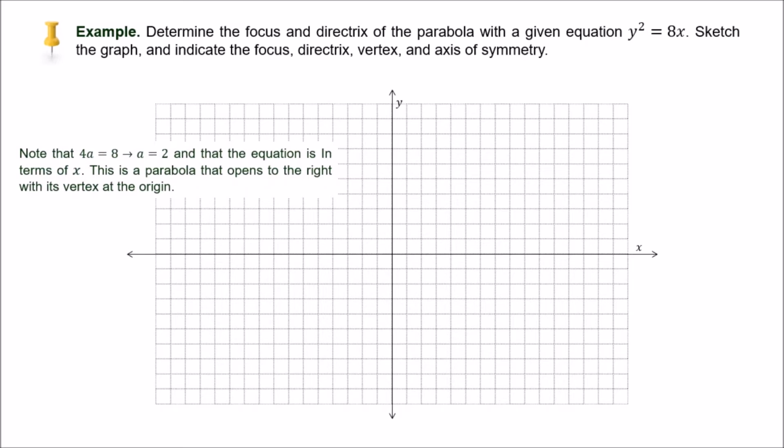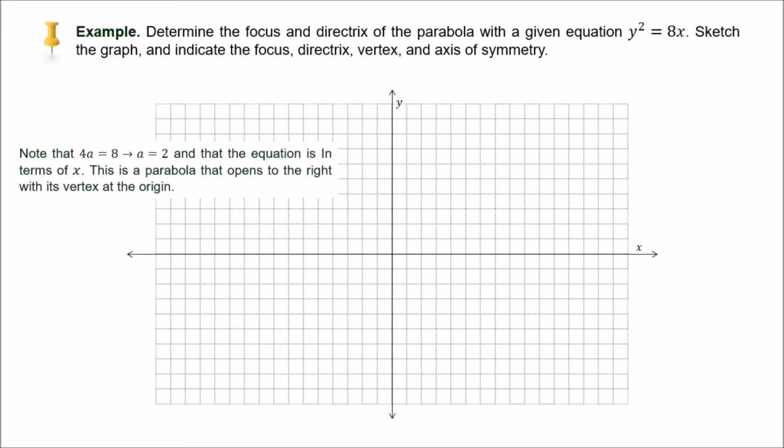And we also take note of the form of the equation, y squared equals 8x, which is y in terms of x. This means that our parabola either opens to the right or to the left. To know which, we try to locate our focus, directrix, and vertex.